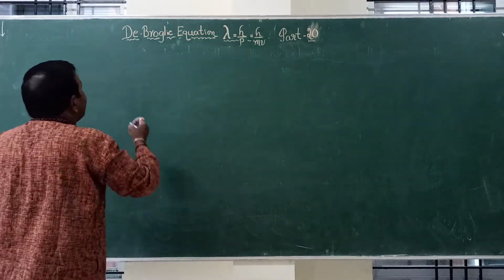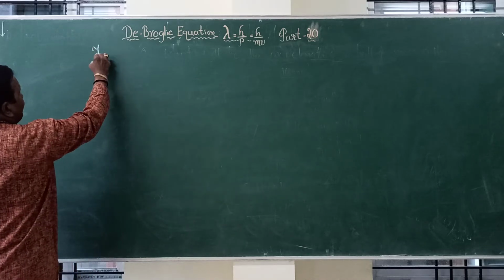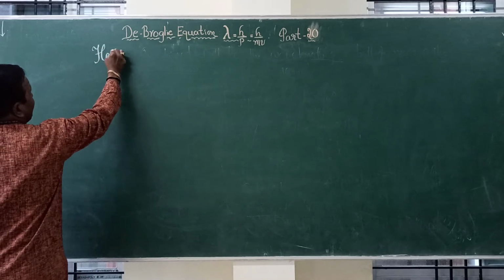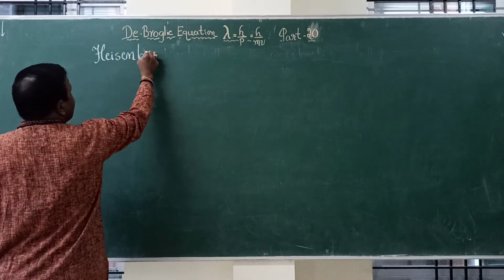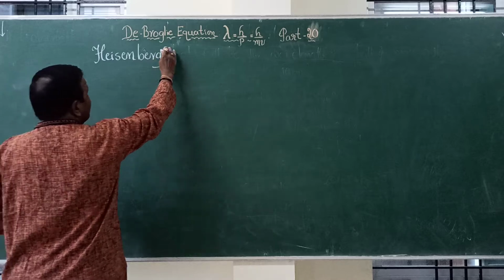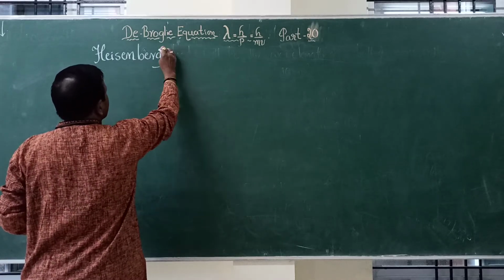Heisenberg. Heisenberg's uncertainty principle. Another name of the scientist is Heisenberg, or Heisenberg's if you want.